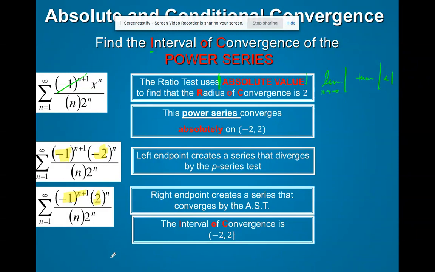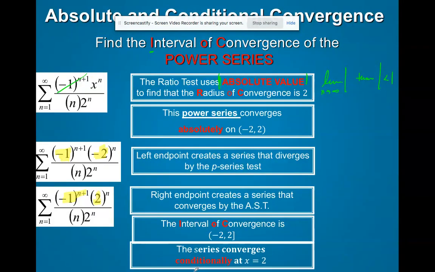But the new vocabulary that I want you to add: this series converges conditionally at that right endpoint. What was the condition for the right endpoint? That you had the sign alternator. So again, go back up to here. The power series converged absolutely. You pick any number in between -2 and 2.